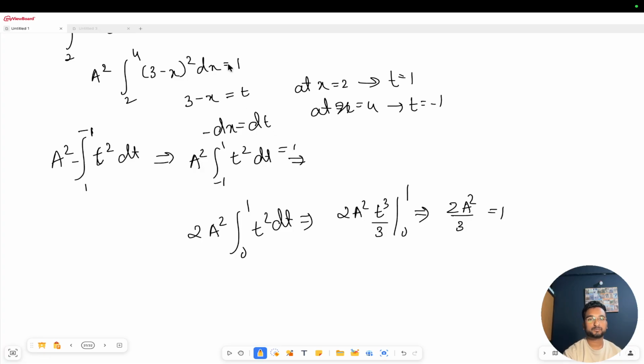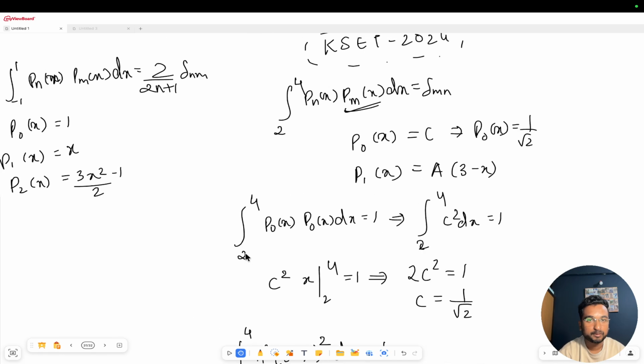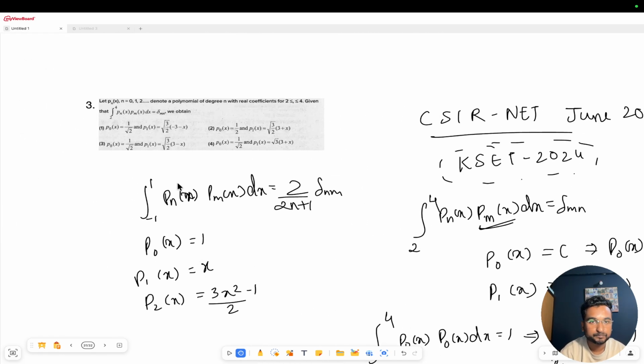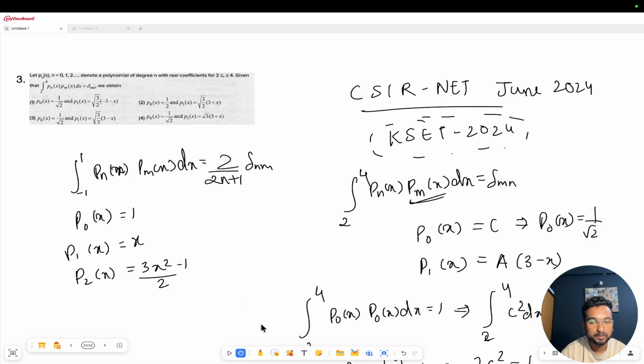This integration is equal to 1. So you will get a as 3 by root 2. So your p1x will be root 3 by 2, 3 minus x. So option number 3, under root 3 by 2, 3 minus x, is correct.